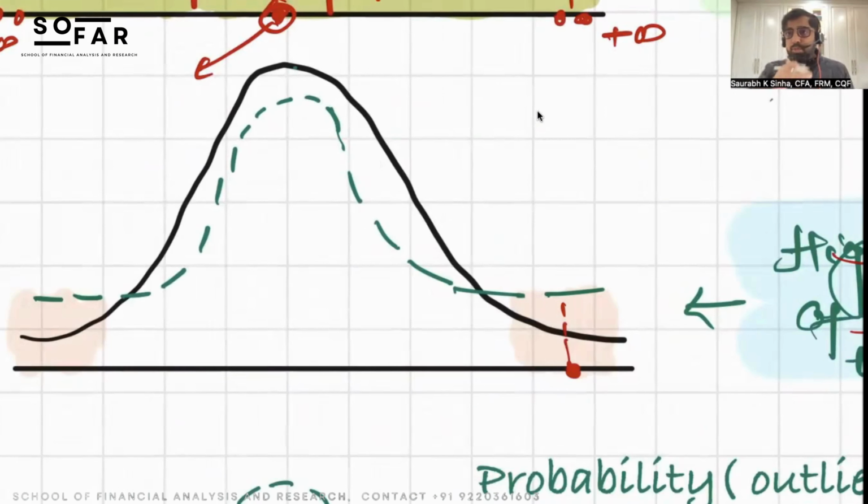So when you plot the returns of a developing country, it is going to have fatter tails, because the probability of extreme outcomes, or outliers, is going to be higher than in a developed country. So, a higher probability of outliers.